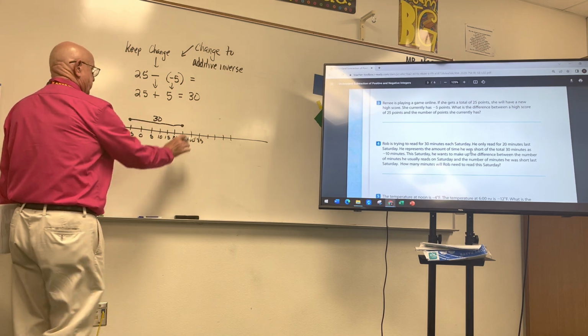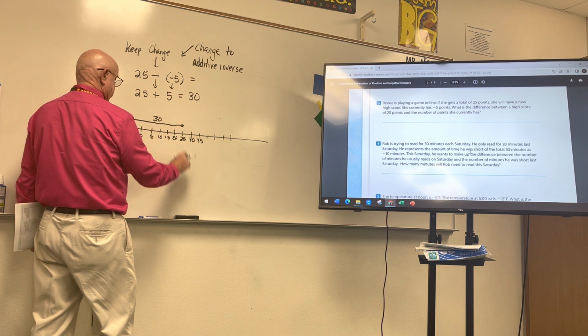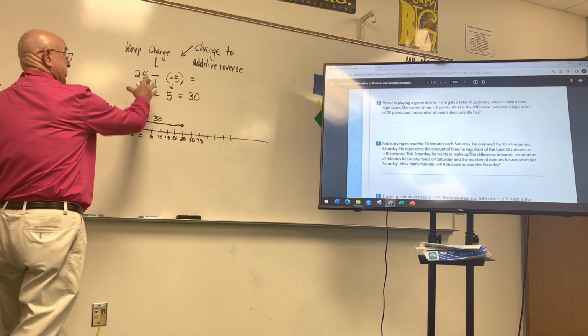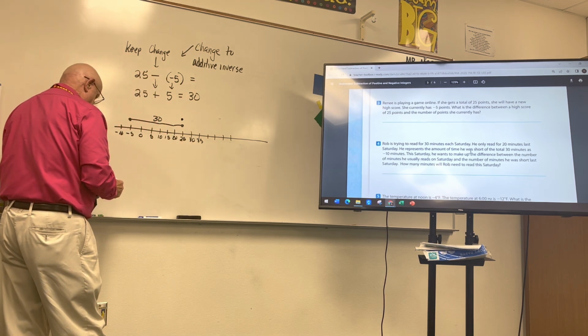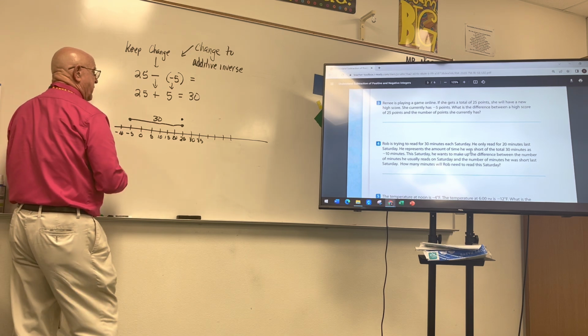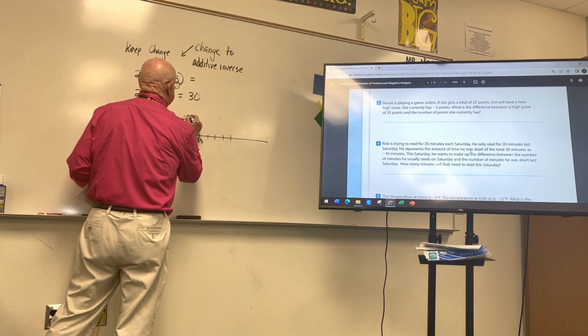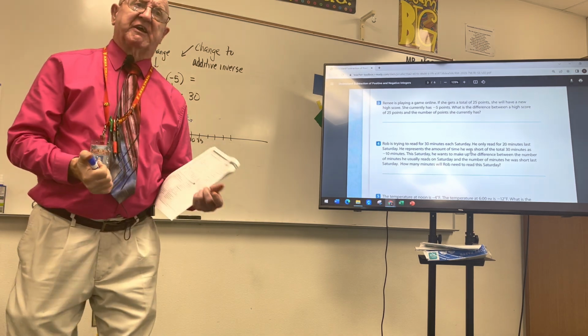So if I did this on number line correctly, it would be 25 minus a -5. So in order to do this on number line, in this fashion, is 25, and I'm taking away a -5. So I'm going in this direction, it says -5. What that means is I'm subtracting a -5.